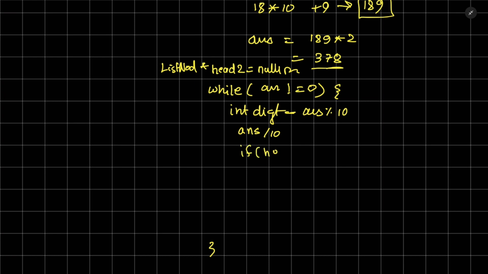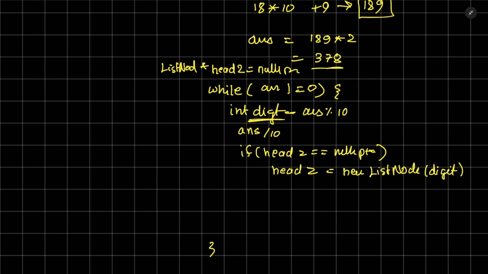If my head2 is equal to null pointer, that means our linked list is empty. So we will just make a new node: head2 is equal to new ListNode of the digit in this iteration.